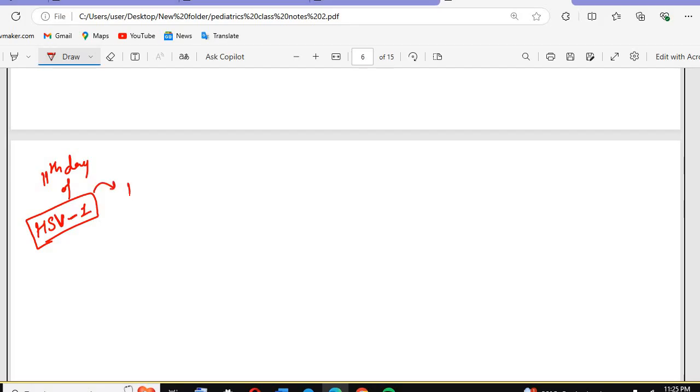We have to give the routine KFT in this patient, and check for dehydration as well.